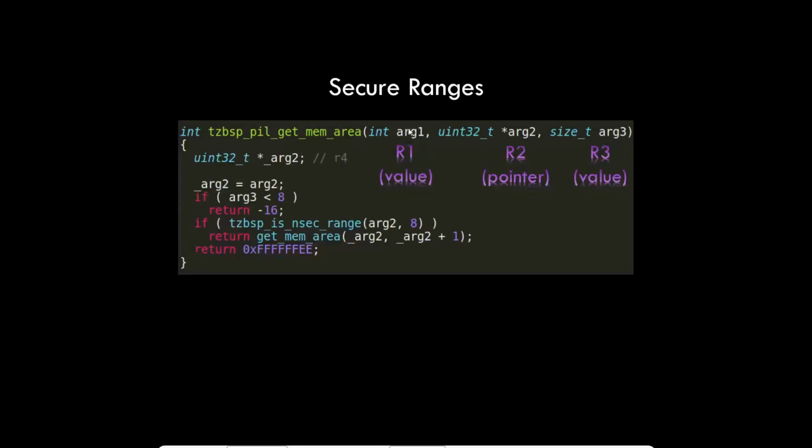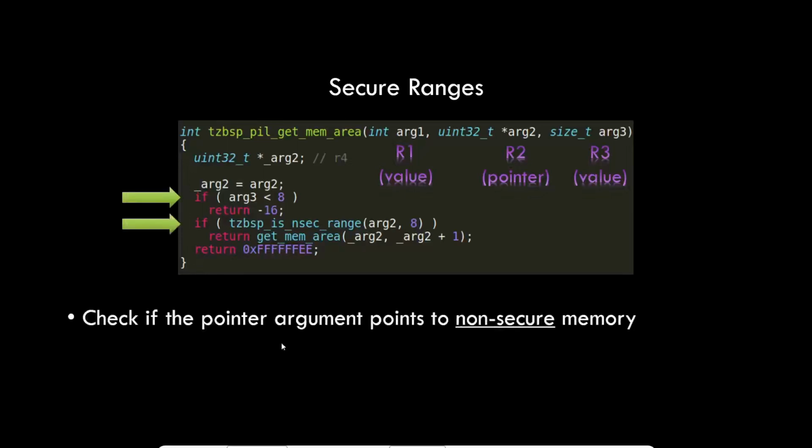You see, for example, this is the value that we put in register R1. This is the value that we put in register R2, and this is the value we put in register R3 when we issue the SMC. This is also a verification. So if R3 is less than 8, you just return, just bail out, and nothing happens.